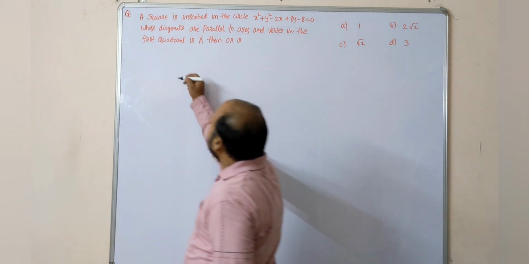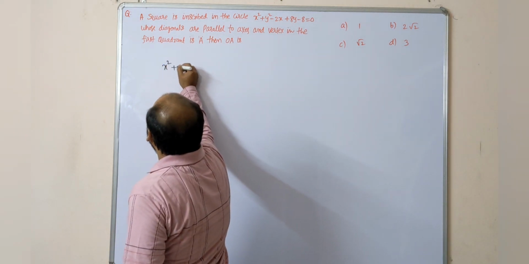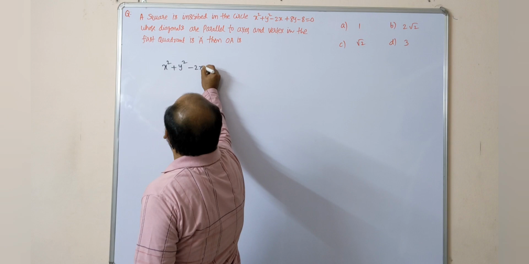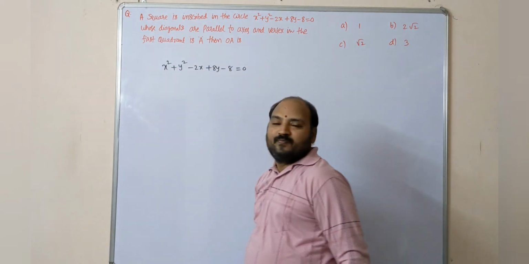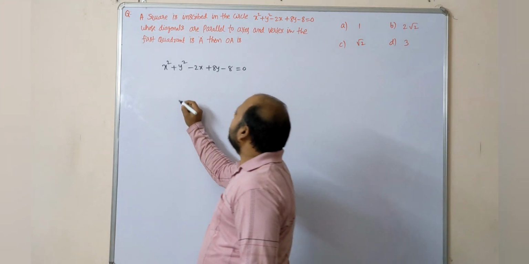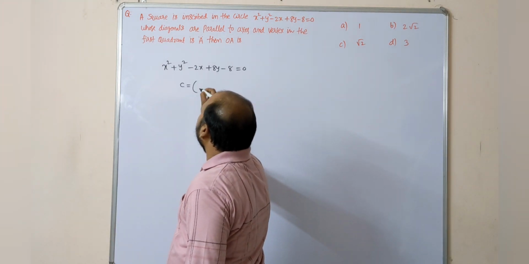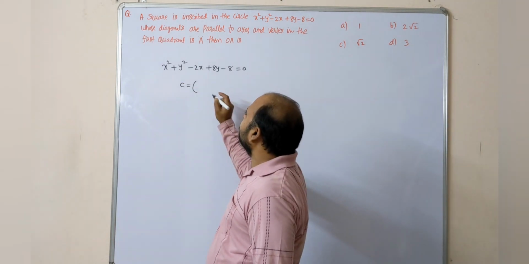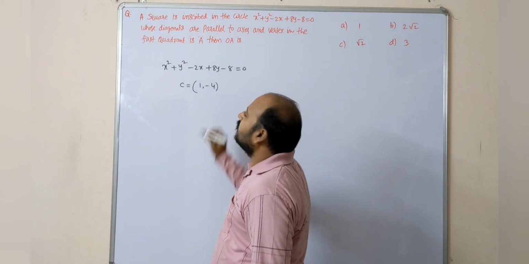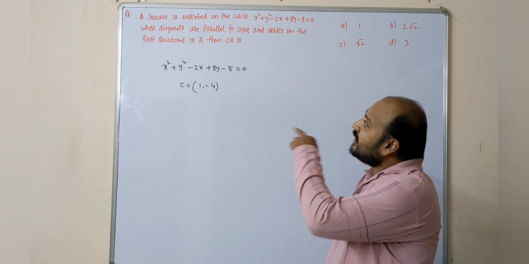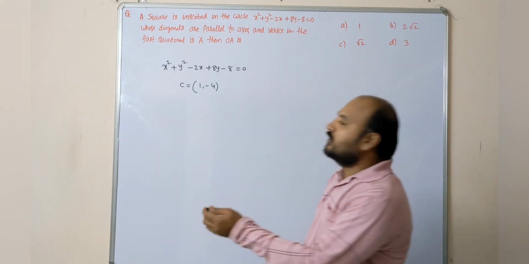So what is the given circle? X square plus y square minus 2x plus 8y minus 8 equal to 0. What is the center of the circle? Center C equals minus x coefficient by 2, minus y coefficient by 2, so (1, minus 4). A square is inscribed in the circle.